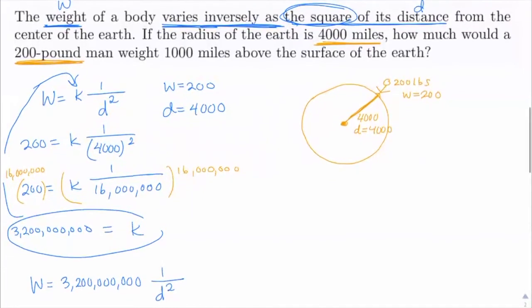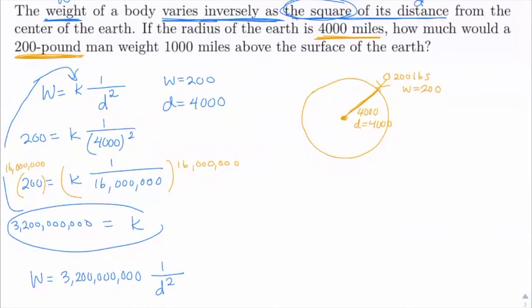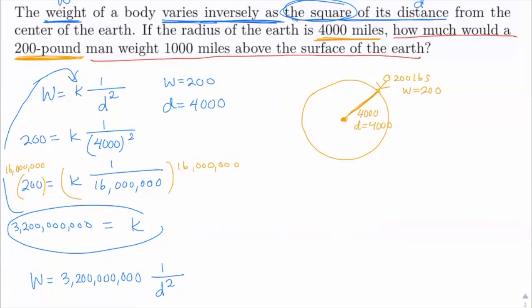And now let's go back and see what this word problem is asking us to find. We want to know how much would the man weigh 1,000 miles above the surface of the earth. So if the man is no longer on the surface of the earth, let me change my picture here. So now the man is up here.